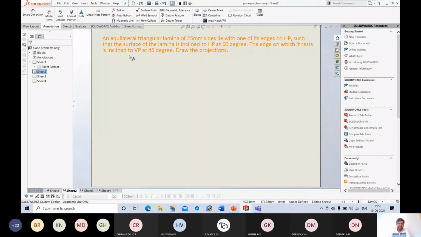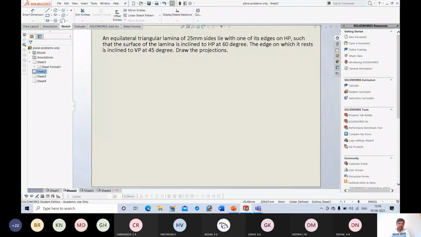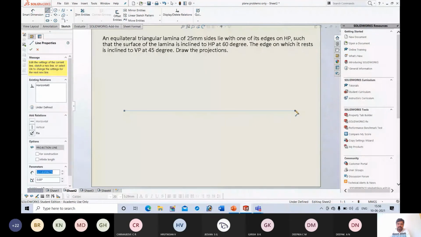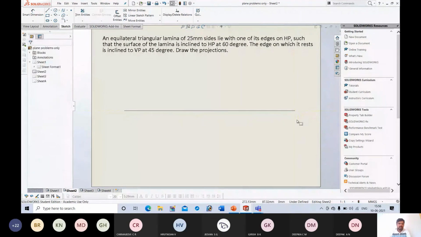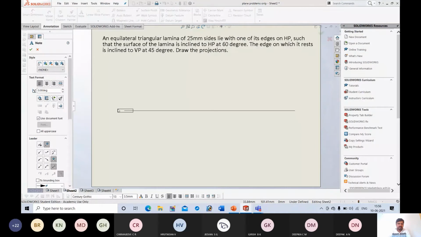The edge on which it rests is inclined to VP at 45 degree. Draw the projection. Here also the solution will start from the XY line. First you should draw the XY line. Then if you want, you can write VP and HP. If you don't write, it is also not an issue.